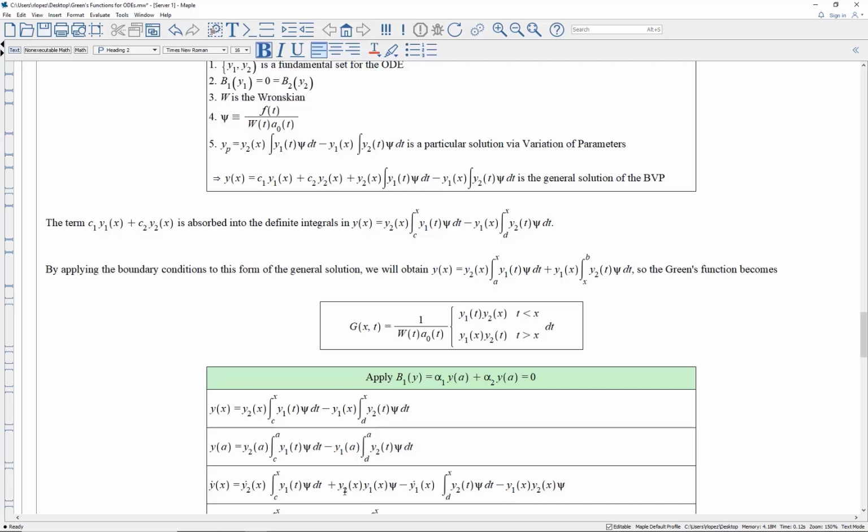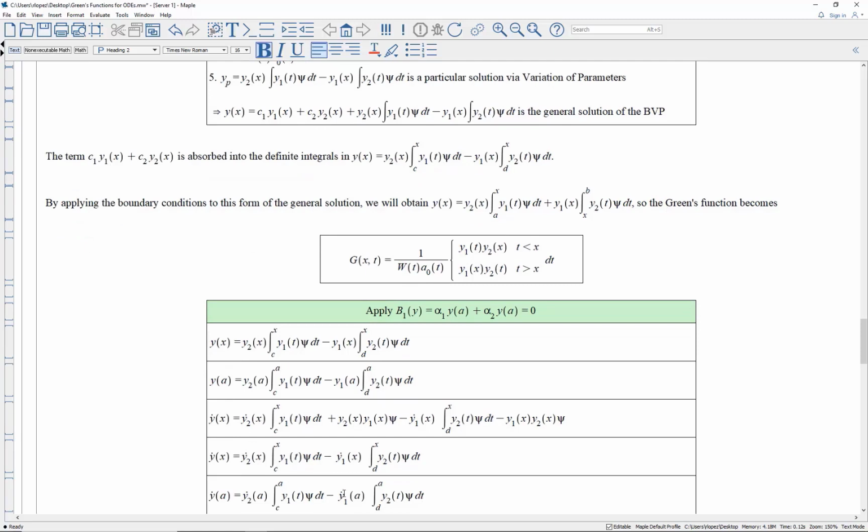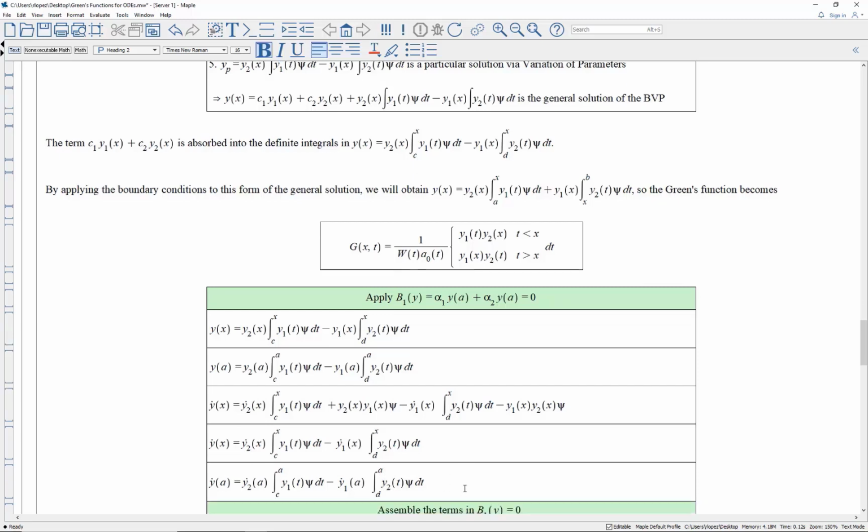If you look carefully, y2, y1, they're both at x; y1, y2, they're both at x, plus here, minus here. They will cancel. So the derivative has only these two terms: y2 dot at x times the integral, y1 dot at x times the integral. Now you evaluate that expression at A. y2 dot at A, integral c to A. y1 dot at A, integral d to A.